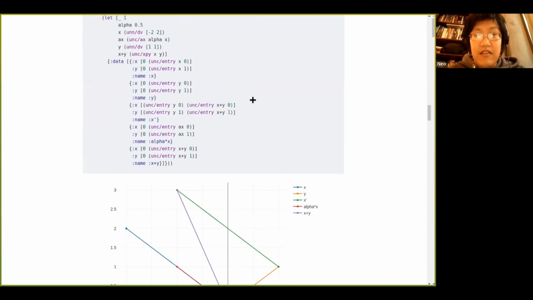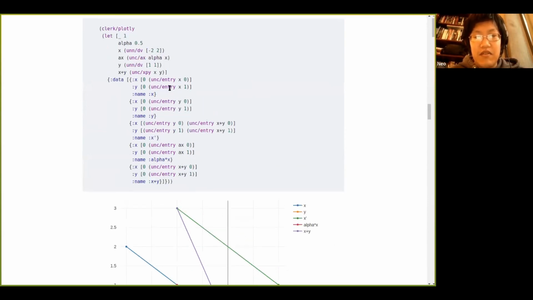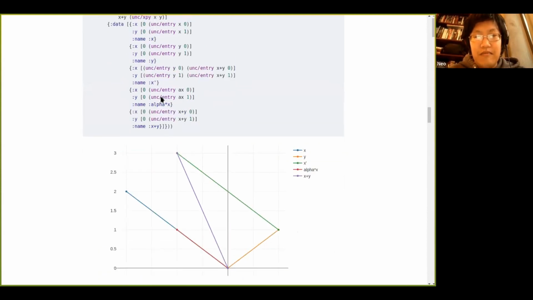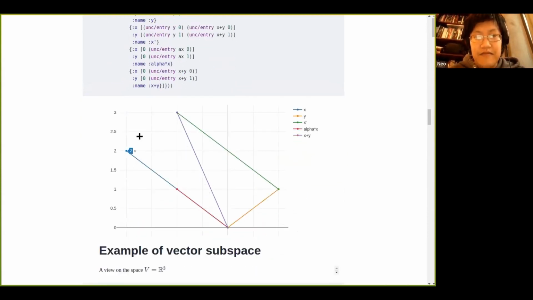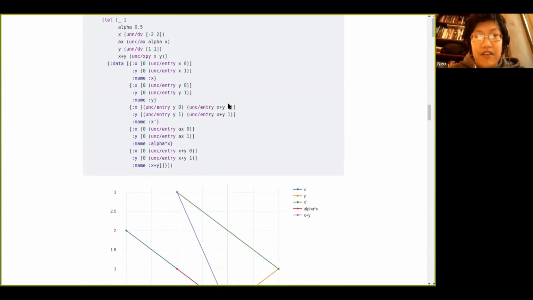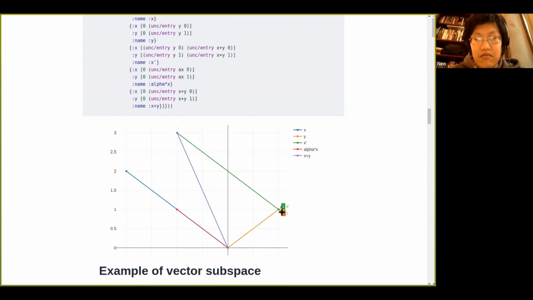So let's say you have the vector which has value -2 and 2, meaning that it's going to be an arrow that goes from 0, 0, the origin, to the point -2, 2. So in this case, until here. And then you define a second vector called y, which is going to go from 0, 0 to 1, 1. So here you define two vectors on the plane.